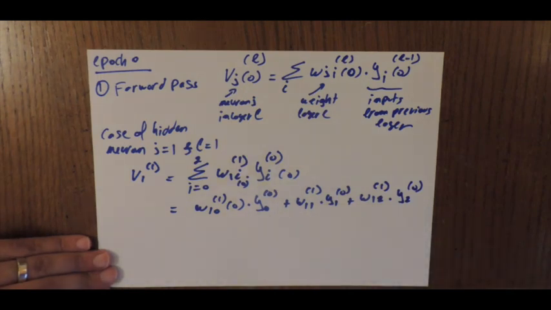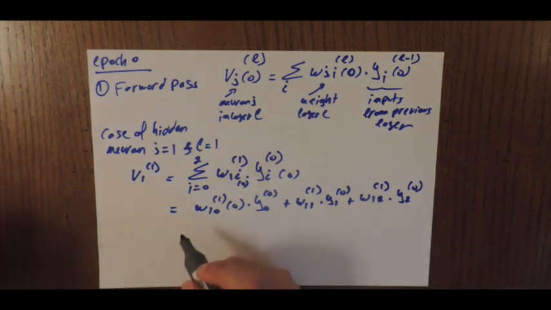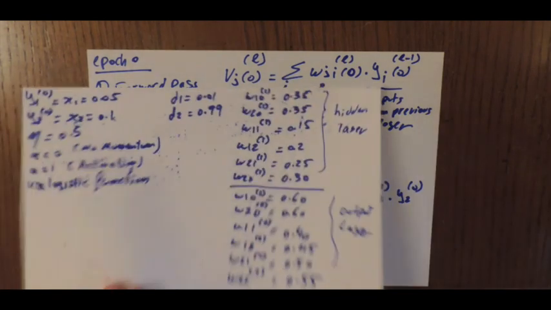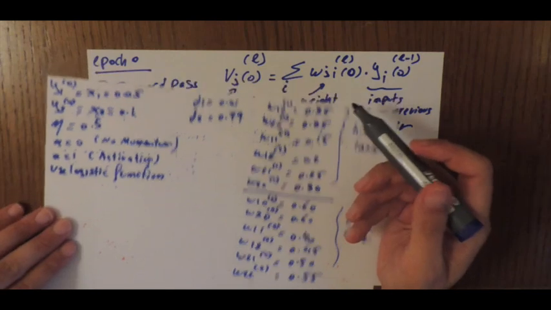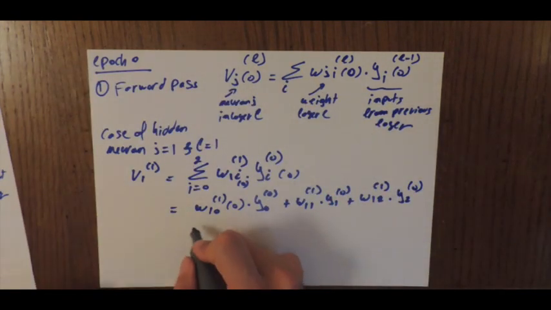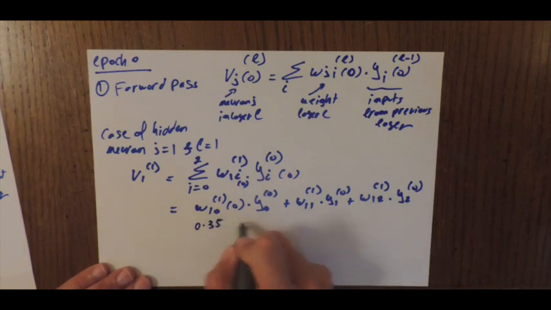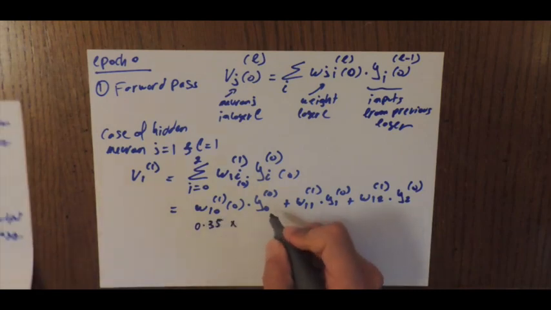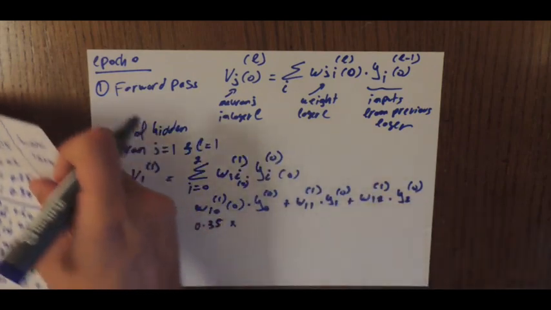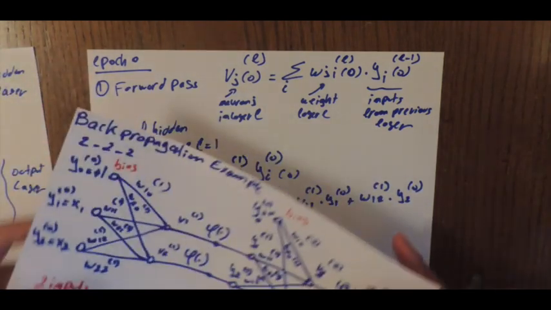So now we need to compute those three values. We know from the given that W1 of 0 of 1 is 0.35. So this is 0.35 times W0 of 0, which is 1. This is the bias. We cannot find it in the input because this is the bias.